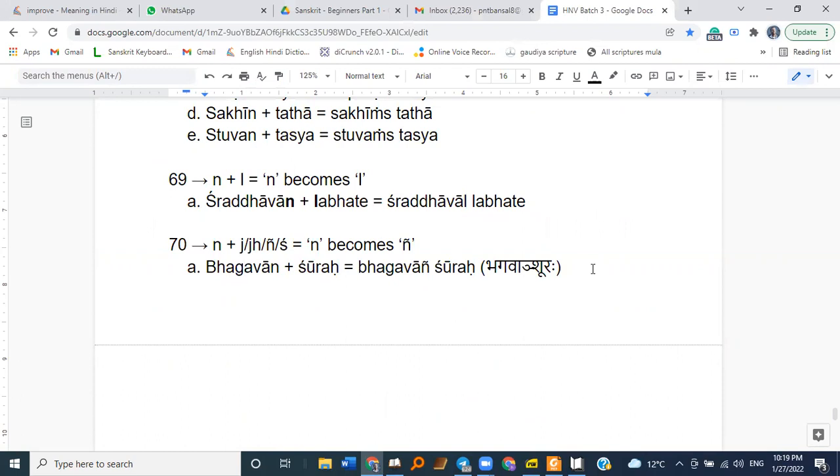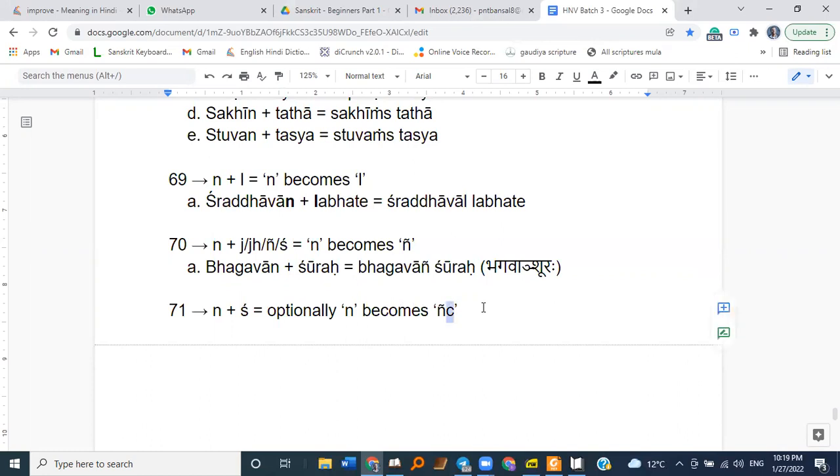So the same example, Bhagavan Yukta Shuraha. One time we got this form, the Narama was replaced by Nya. Another time, 71st is saying that in such a situation, when we have Na followed by Sha, then optionally Na becomes this.